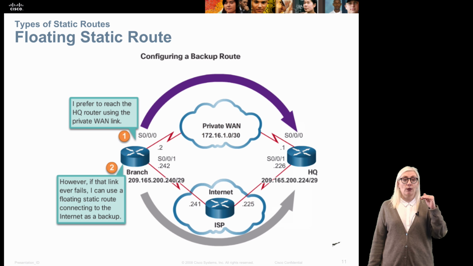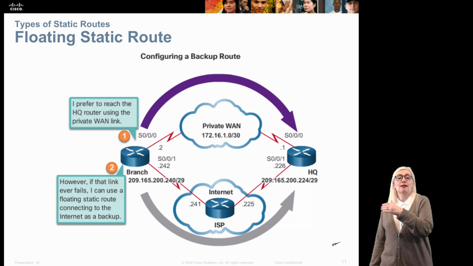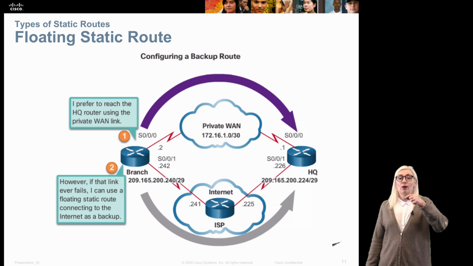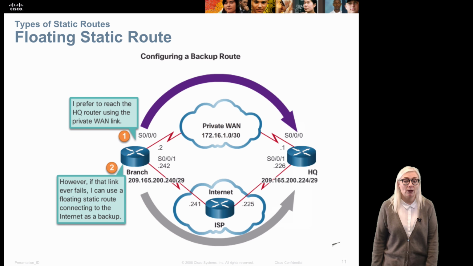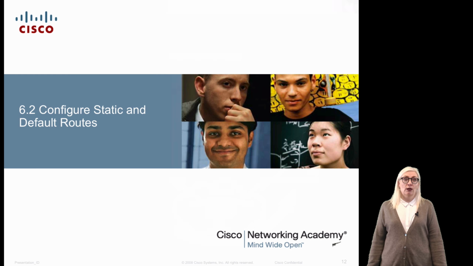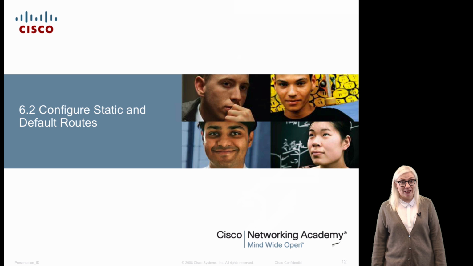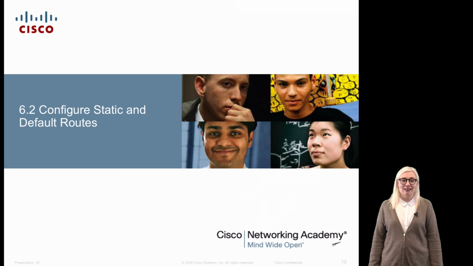If we make a static route with a higher one, we will make sure that in case the first one goes down, well, then our backup here will take over. So it's a way of configuring a backup route. We can use static routes for that. Yeah, and that was the first part about the static routes.